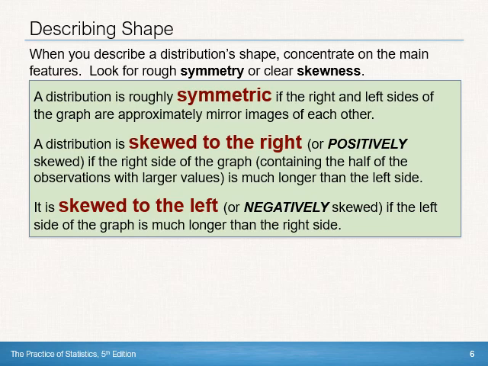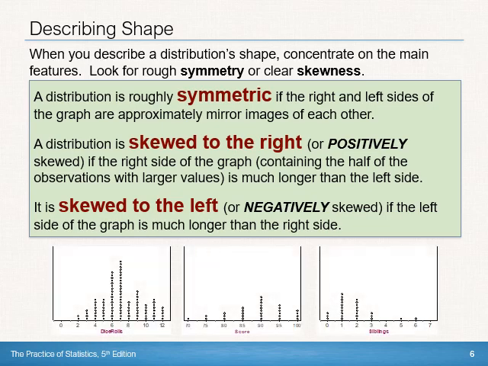So it's skewed to the left, or negatively skewed, if the graph is much longer or the tail goes out to the left. All right, so let's look at the examples on the bottom of your page and take a second and write on top of each one whether it's skewed left, skewed right, or symmetric.